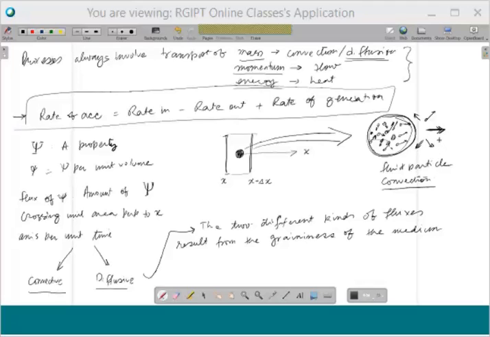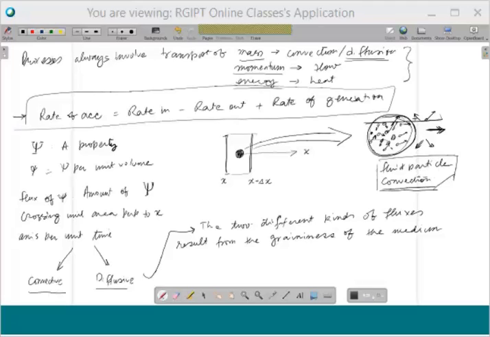So what happens is because of this graininess, some of the particles may not actually be directed towards the overall velocity direction, which is resulting in convection. Okay, and as a result, if you think of any cross-sectional area like this, there will be a crossing that would be possible.